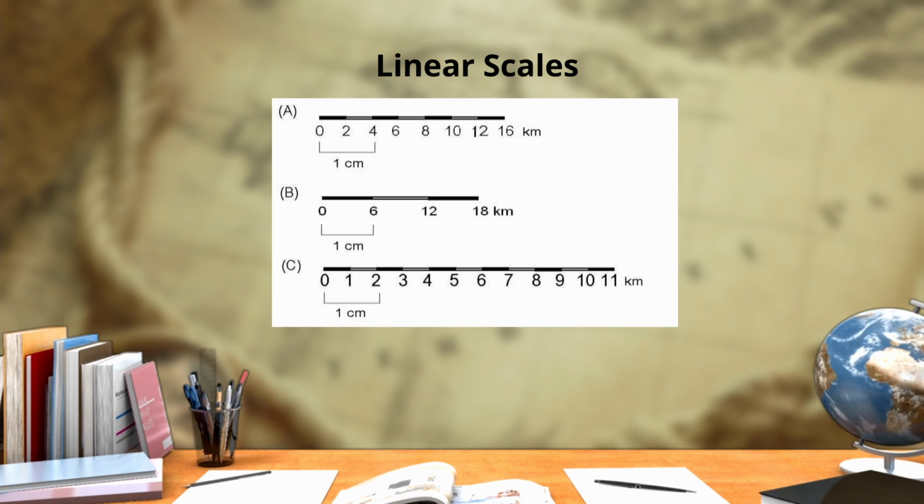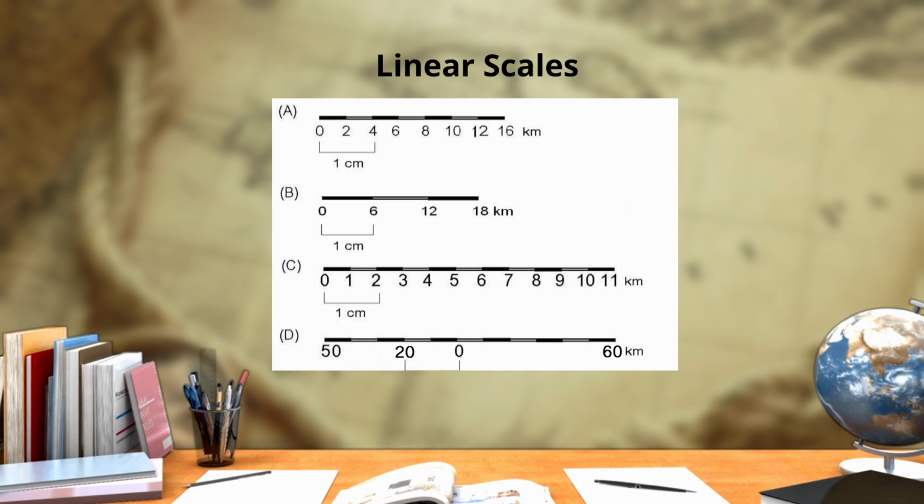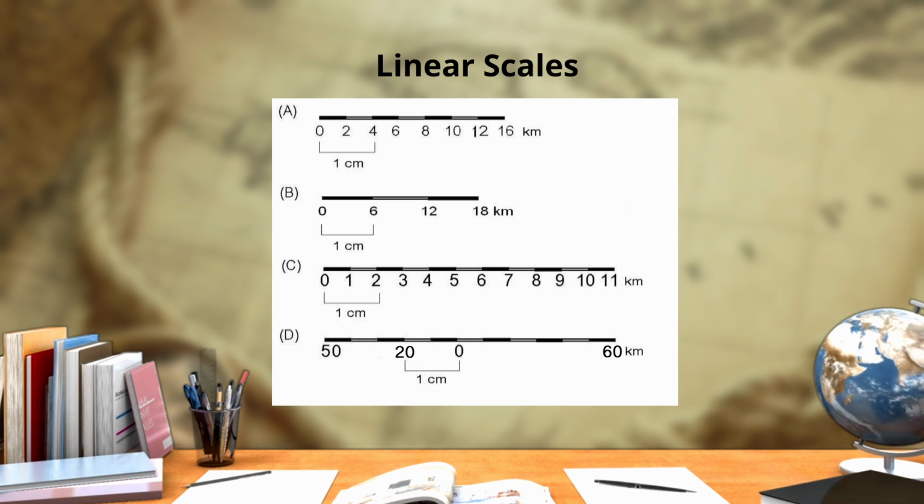Then C. The distance between 0 and the number 2 is 1 centimeter. So we say 1 centimeter on the map represents 2 kilometers on the ground. D. 1 centimeter on the map represents 20 kilometers on the ground.